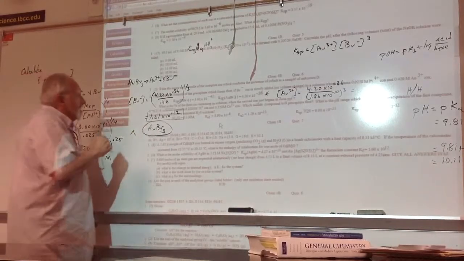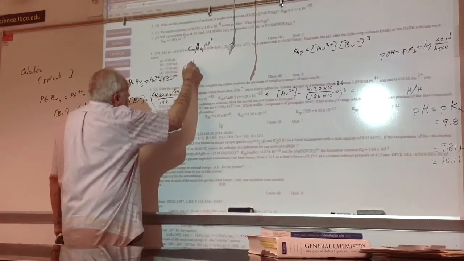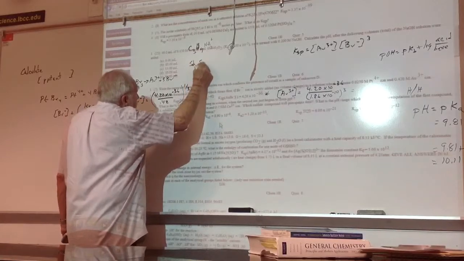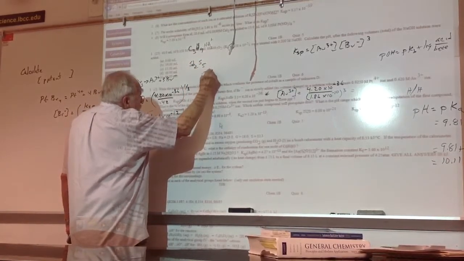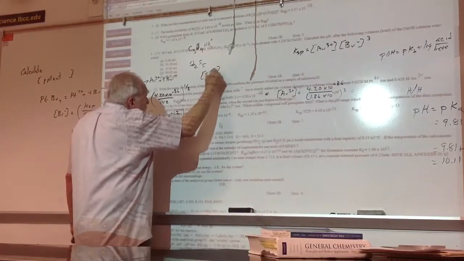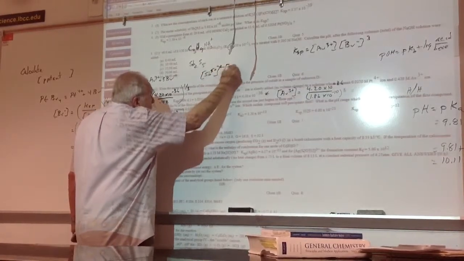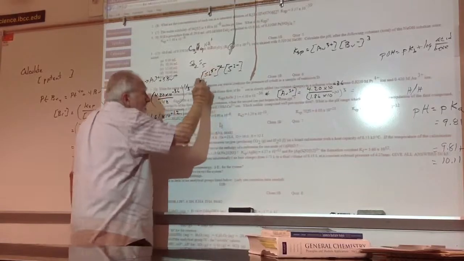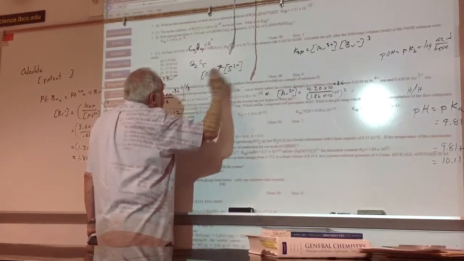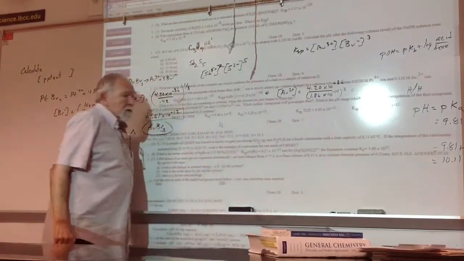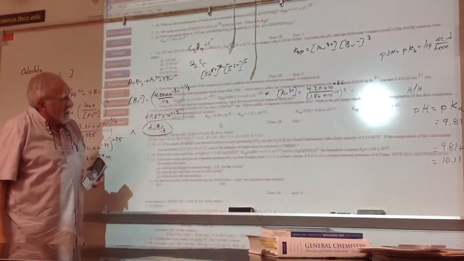If I gave you something like, you know the equilibrium expression is what? 5 plus, squared, what am I doing here? In other words, you do that by writing the dissociation reaction.